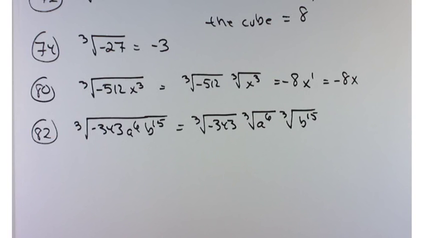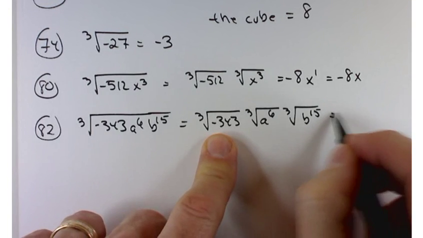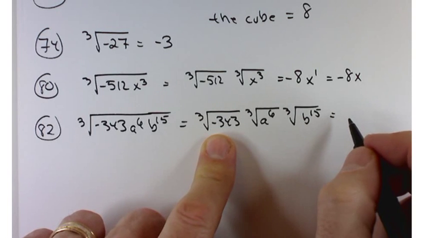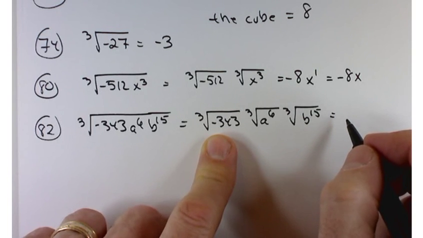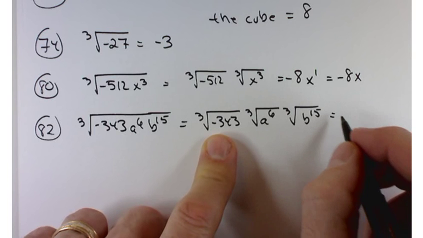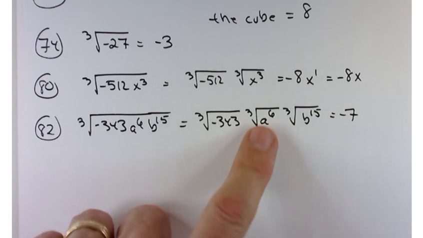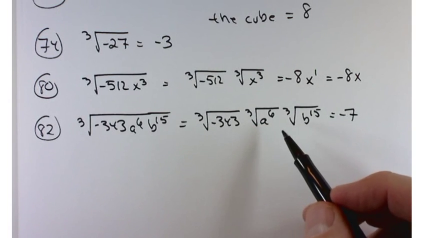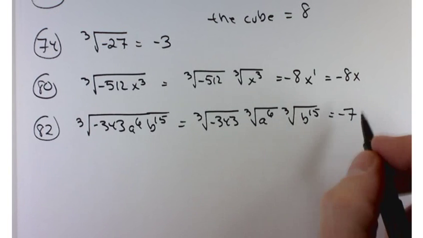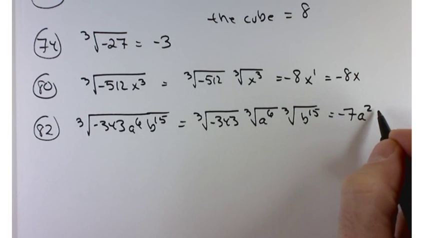Karanja, what'd you get for the cube root of negative 343, please? Some help on that one there? Ted? All right, so negative 7. How about this one? Cube root of a to the 6th. A squared, good. And Andrew, the last one.